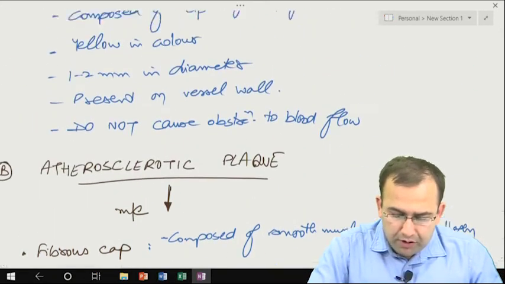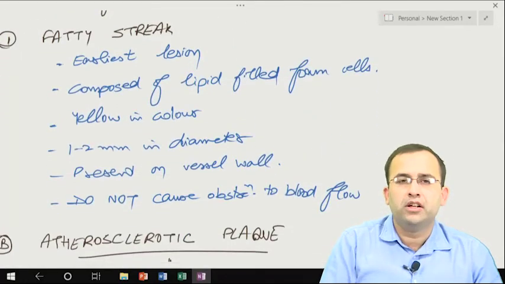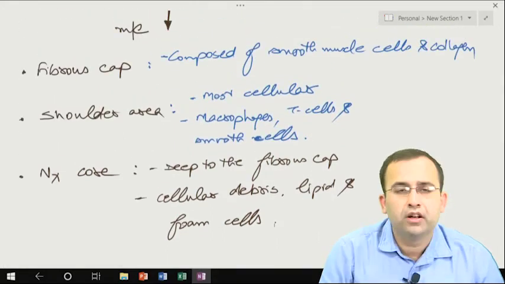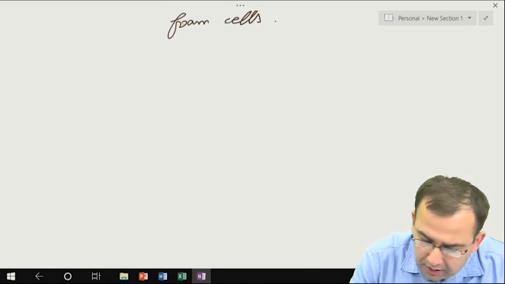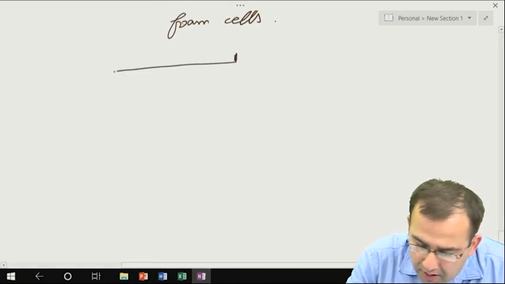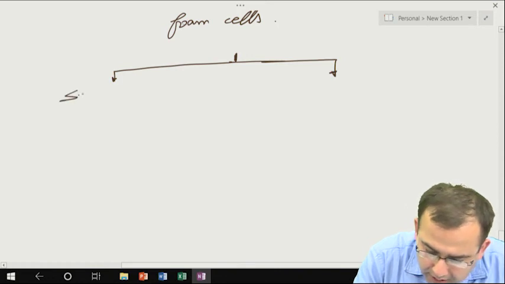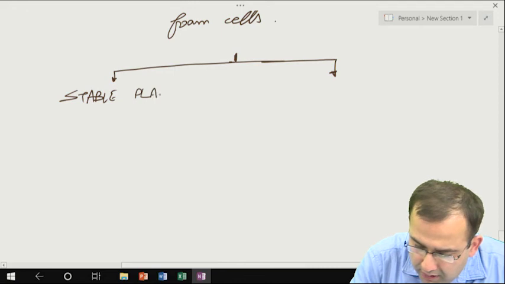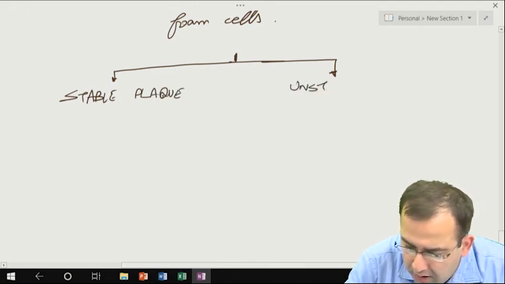In morphology, we saw that the earliest lesion was the fatty streak, which in turn leads to formation of atherosclerotic plaque. Next point, atherosclerotic plaque can be of two types: a stable plaque or an unstable plaque.